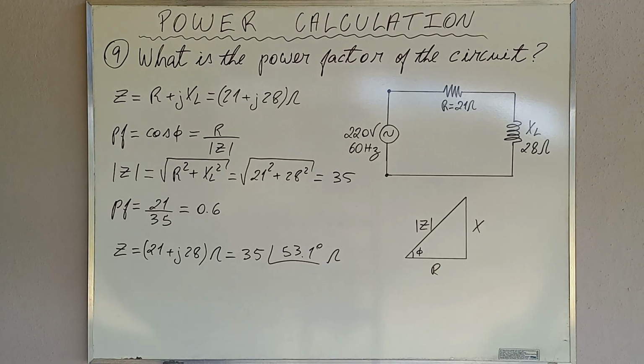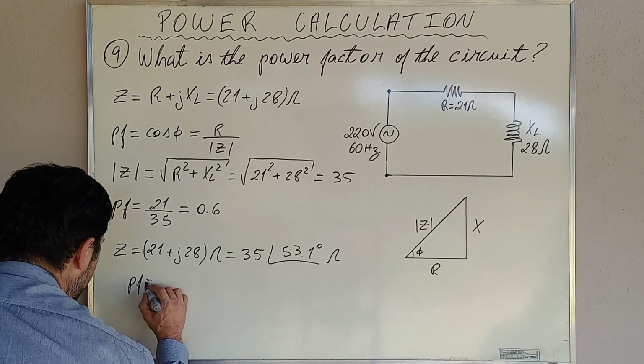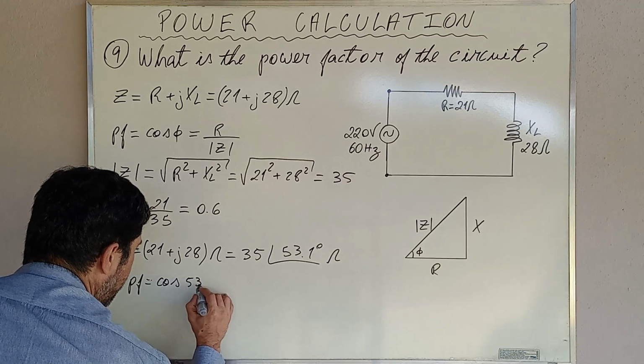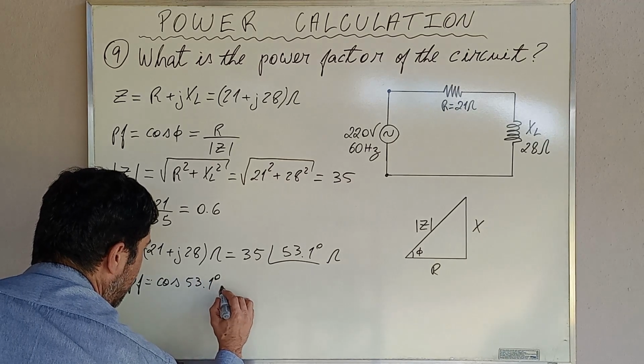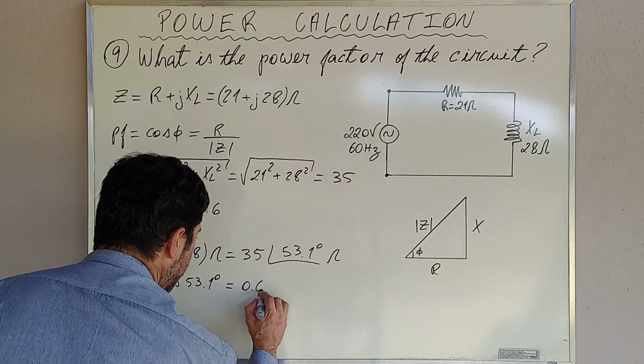The power factor is the cosine of the angle of the complex impedance in its polar form. The power factor is the cosine of 53.1 degrees, which is equal to 0.6.